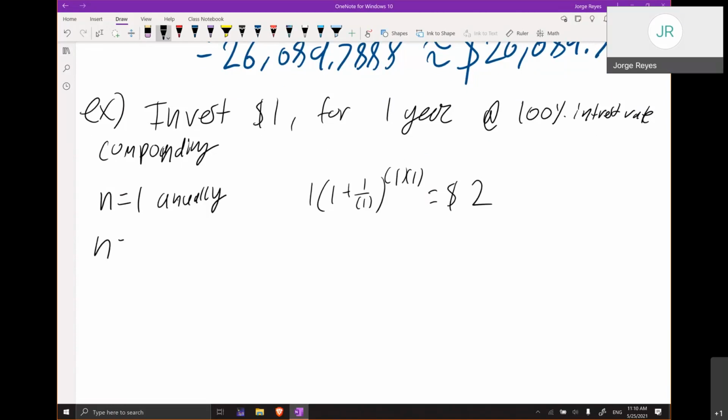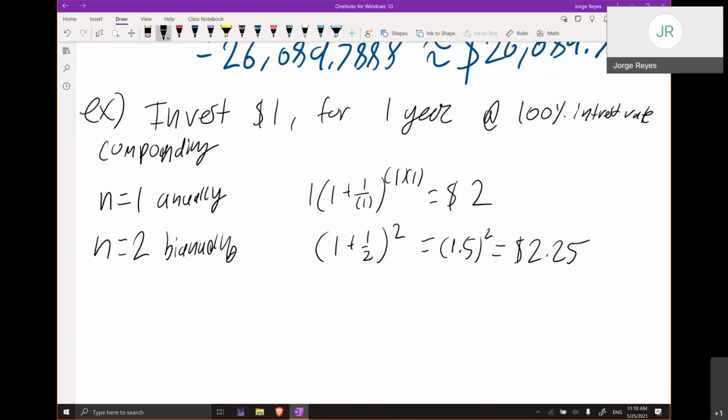But what if I compound twice a year? When I plug in, I'm going to get 1.5 squared, which is $2.25. So an extra quarter happens when I compound just one more time that year.